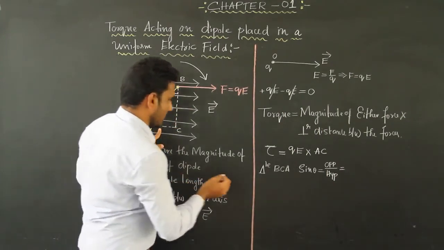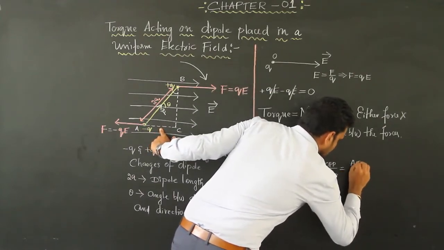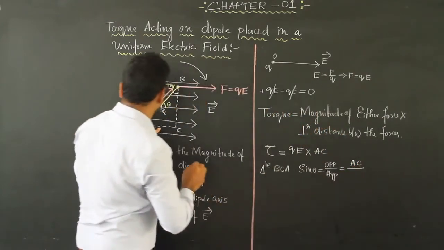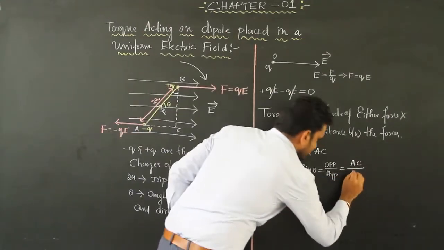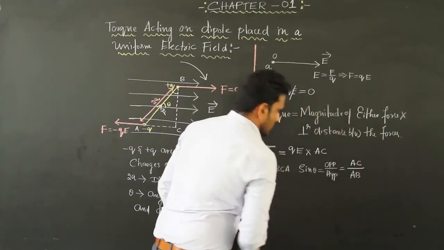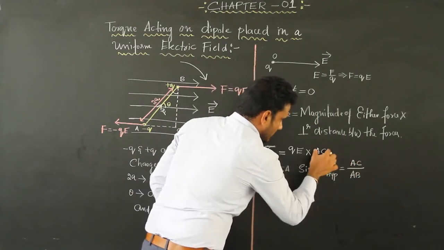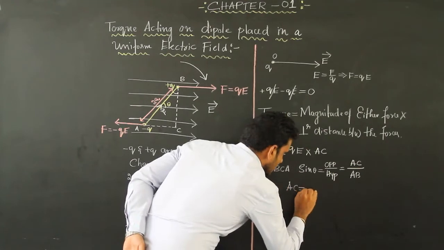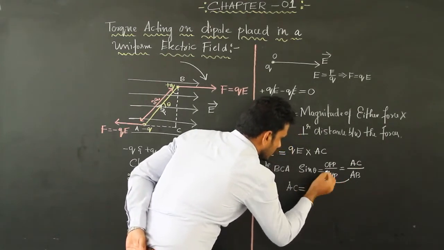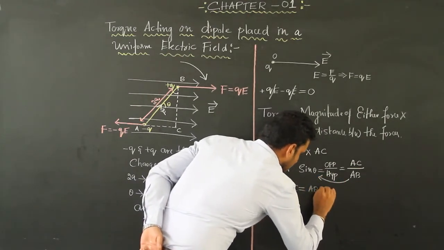What is opposite we have? AC divided by, what is hypotenuse we have? Hypotenuse is nothing but AB. So we have to solve for AC because we are finding the value for AC. So AC is equal to AB sin theta.